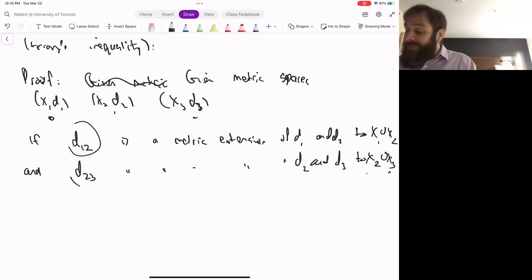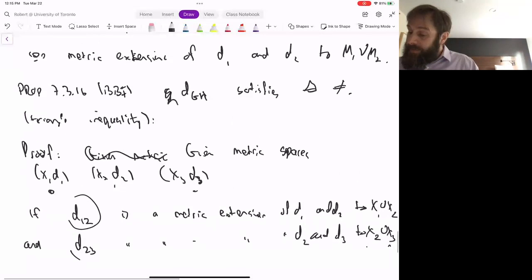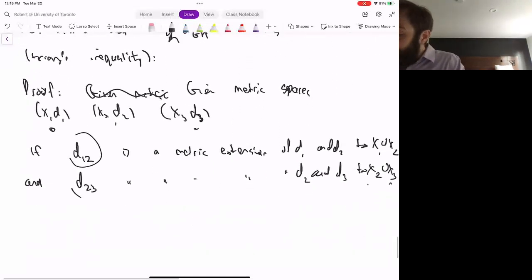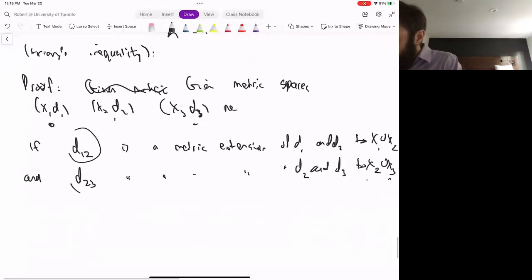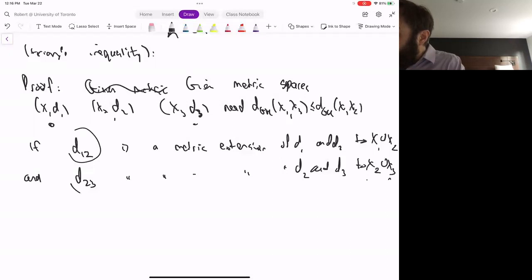And then what am I going to show? I'm going to show that the Gromov-Hausdorff distance between x1 and x3 is less than the Gromov-Hausdorff distance between x1 and x2 plus the Gromov-Hausdorff distance between x2 and x3.